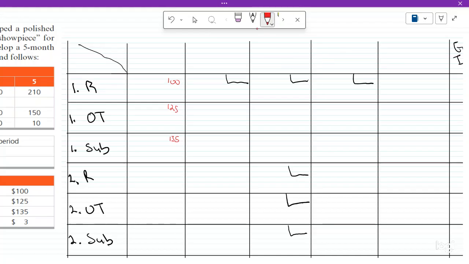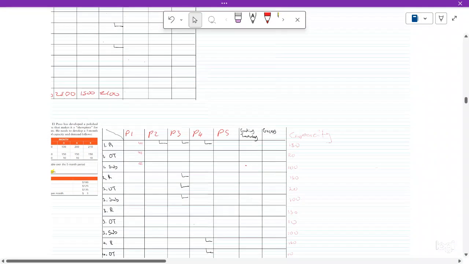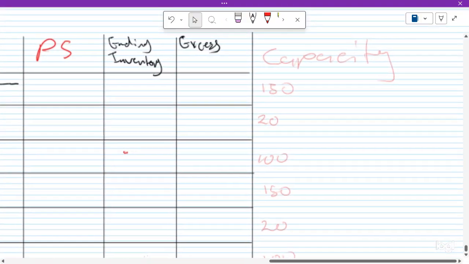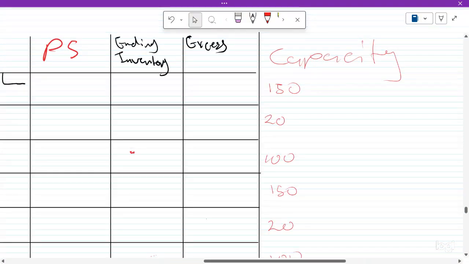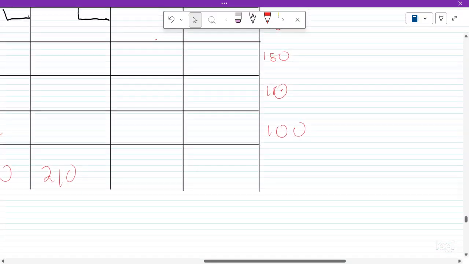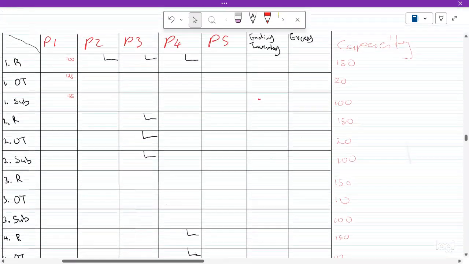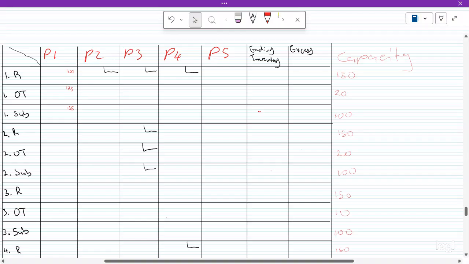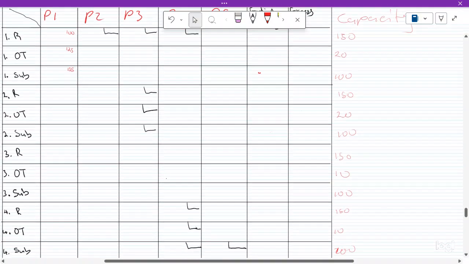And you're going to have P1, P2, P3, P4, and P5. Ending inventory there, and then excess. You see that? Ending inventory and excess. The ending inventory is going to come here of 20. So we have ending inventory of 20.